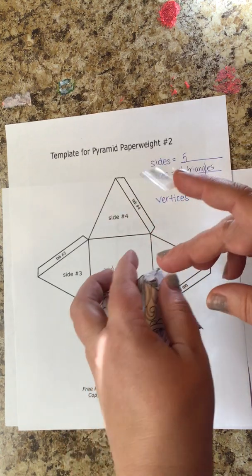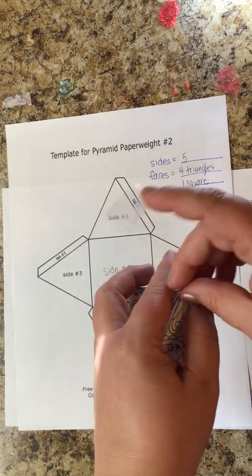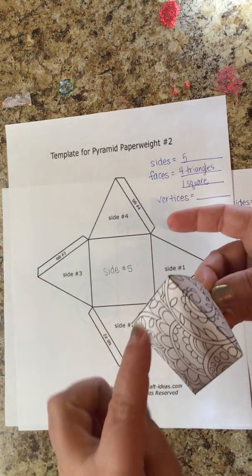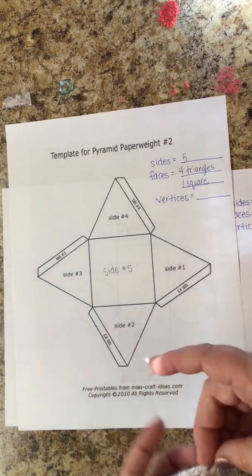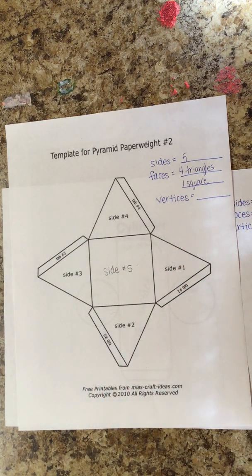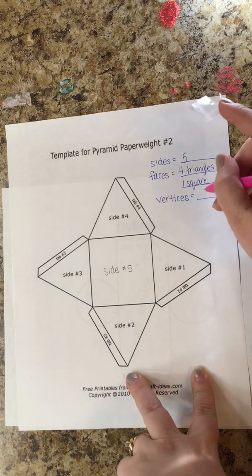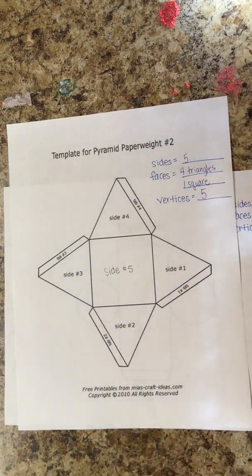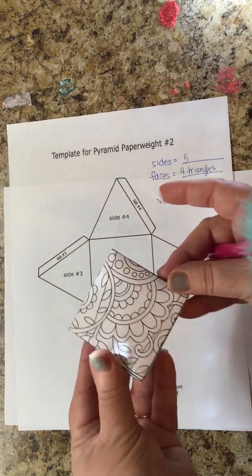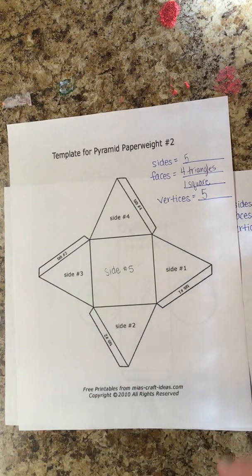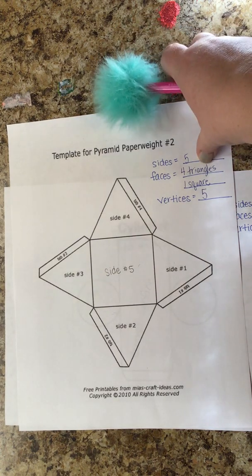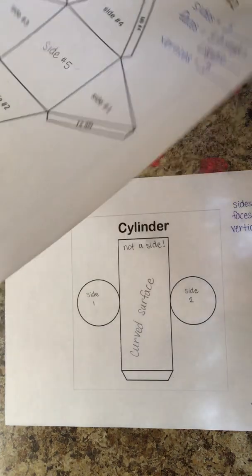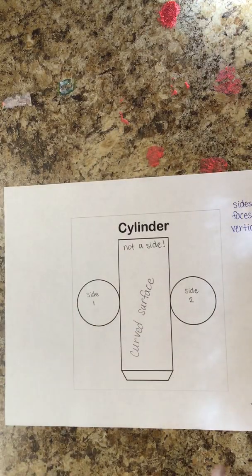And so we have 1 vertex here, and then when we turn it over, there's 2, 3, 4, 5. 5 sides and 5 vertices on this shape, this pyramid. This is called a square pyramid because there's a square on the bottom. Sometimes you will see pyramids that have a triangle on the bottom, and they're called triangular pyramids. You can also have triangular prisms. It just means they have a triangle.